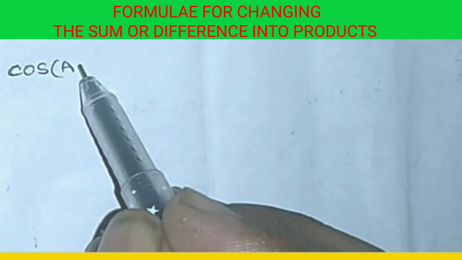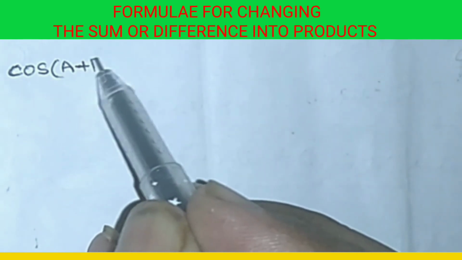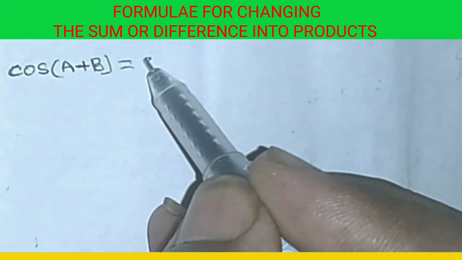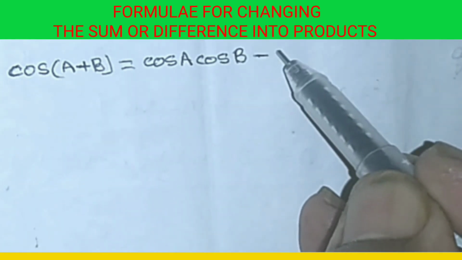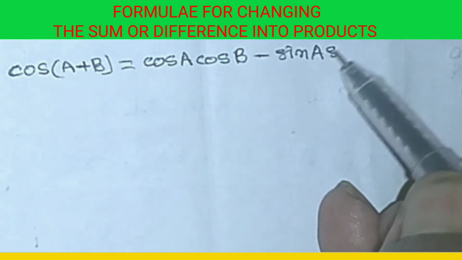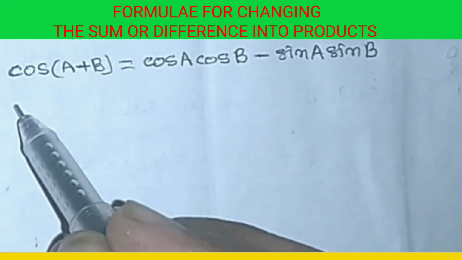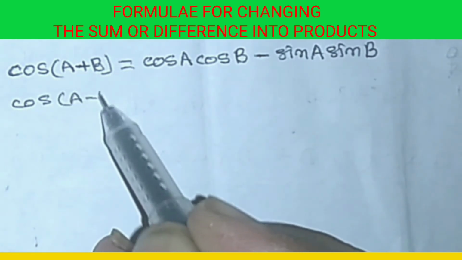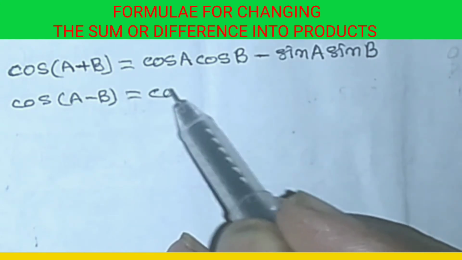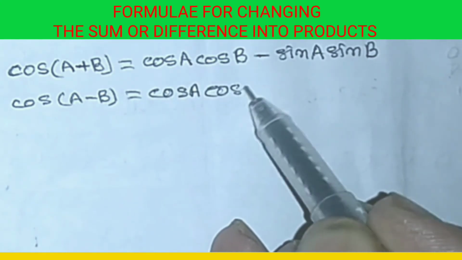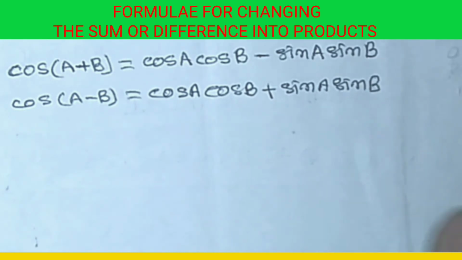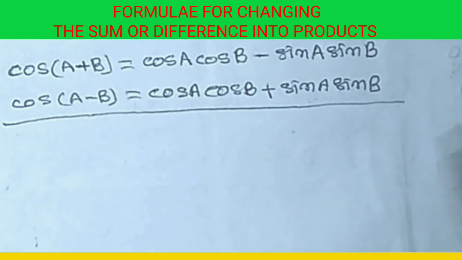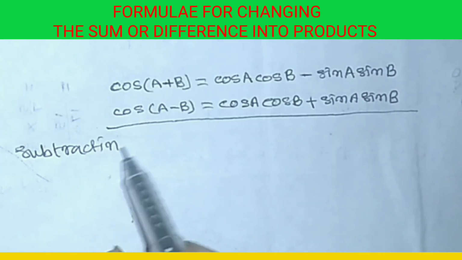Cos A plus B is equal to cos A cos B minus sin A sin B. Cos A minus B is equal to cos A cos B plus sin A sin B. Subtracting: minus minus minus.